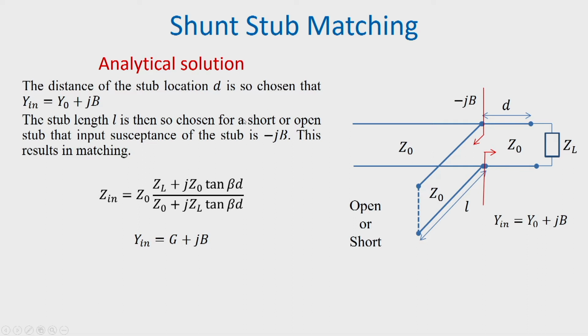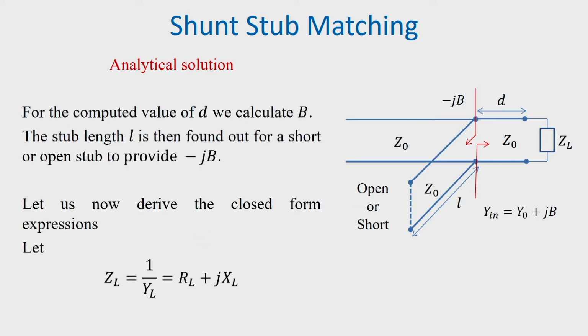We have already stated that we choose this d in such a way that this G becomes equal to Y0. That means, we equate the real part of Yin, G, to Y0 and find the solution for d. Then once we have the computed value of d, with this we find out B, and then the stub length L is found for a short or open stub to provide minus jB.